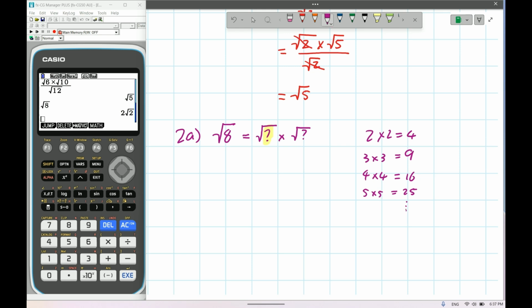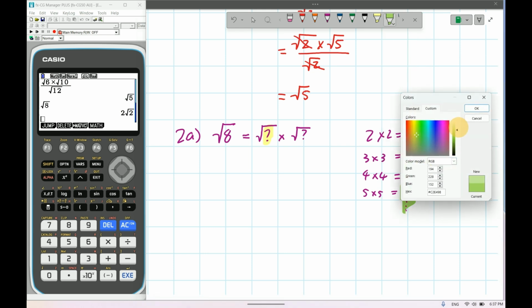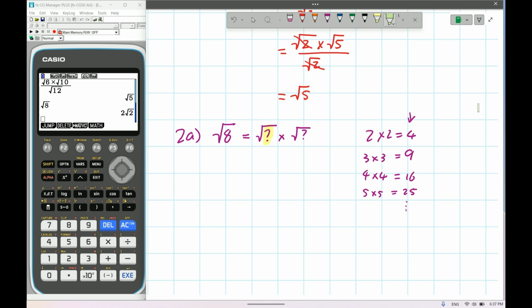Basically, you want to break it down so that one of those numbers is a square number. Something like that might be a bit easier to look at. The way I'll do it now is that square root 8 can be written as square root 4 times square root 2, and note that 4 is a square number because it's the first one in the list.